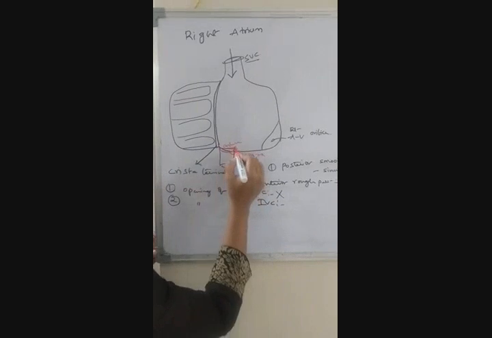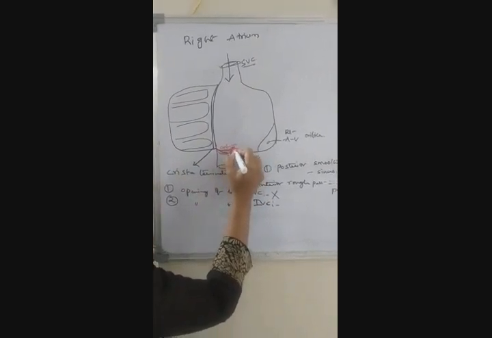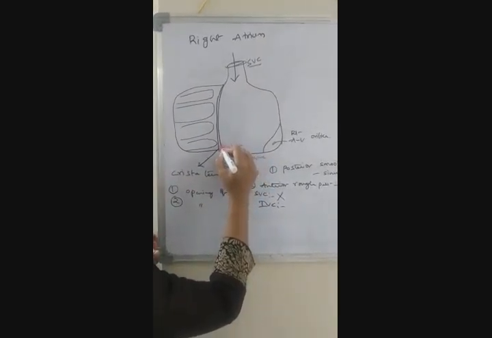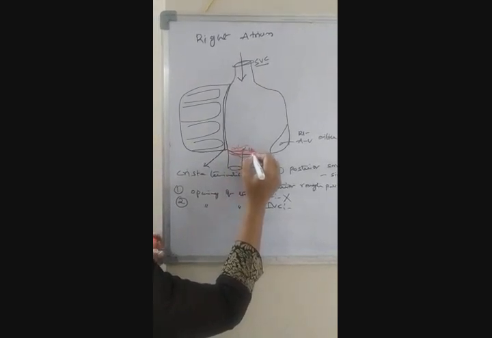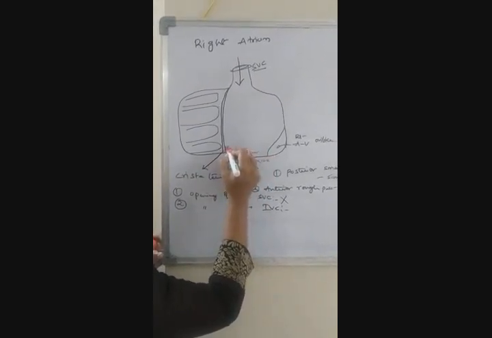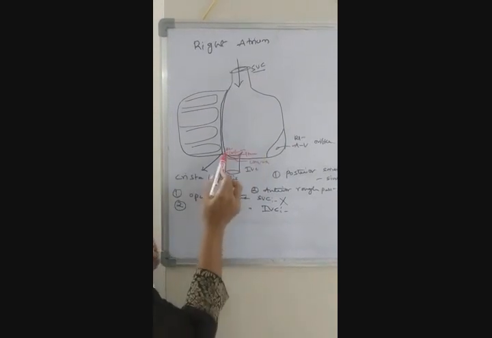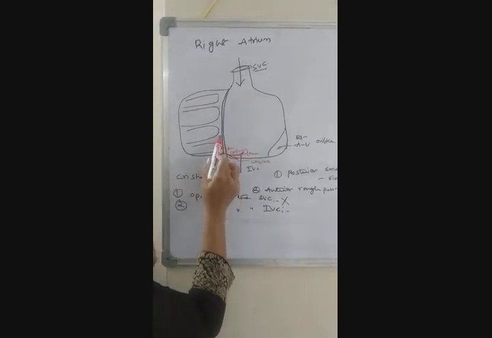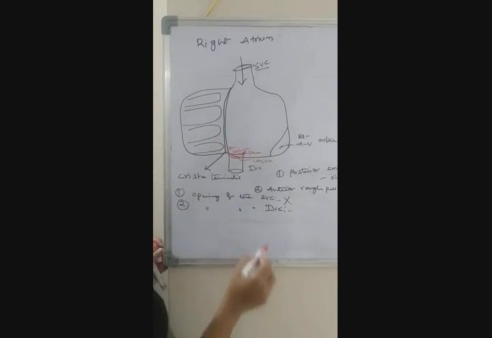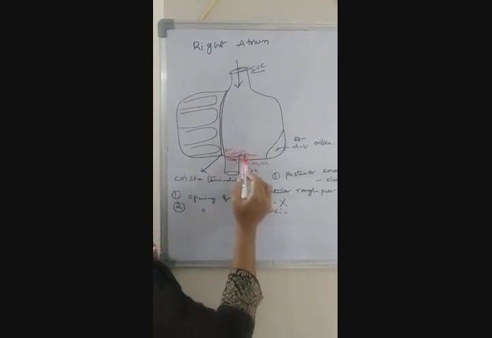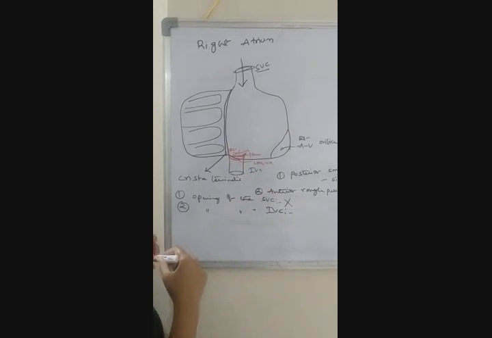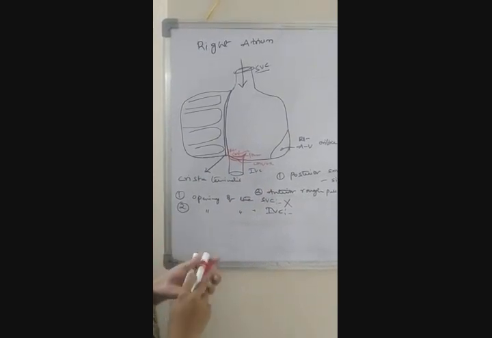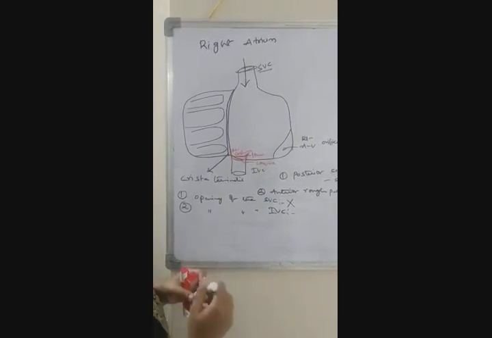Also this valve has two horns, right horn and left horn. The right horn above is continuous with the crista terminalis. The left horn above is continuous with the limbus fossa ovalis. What is that? We will discuss now. That is about the opening of the inferior vena cava.